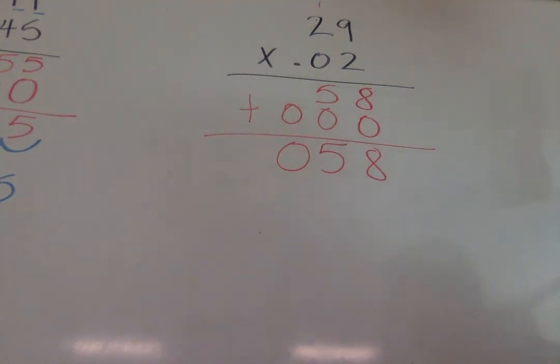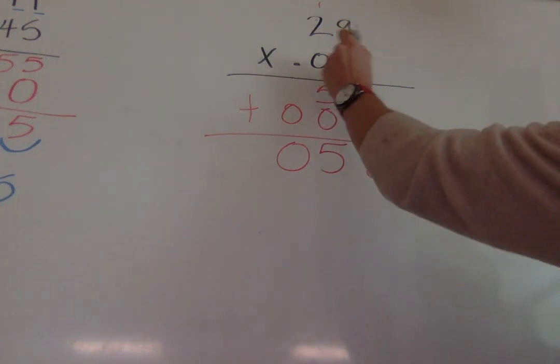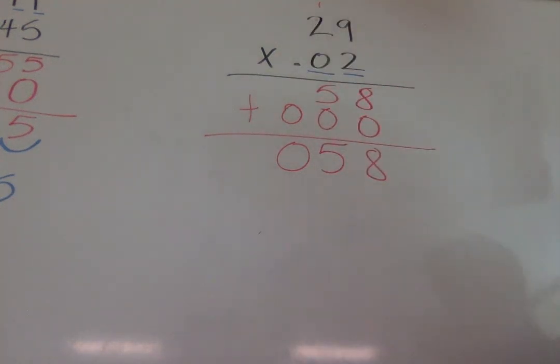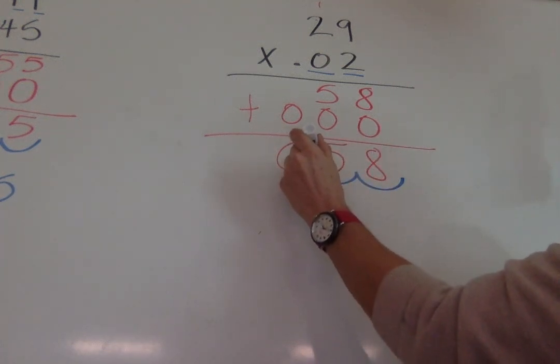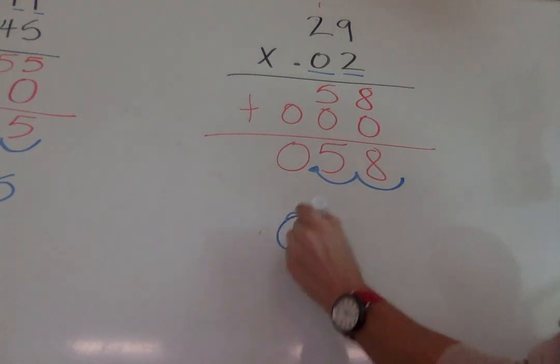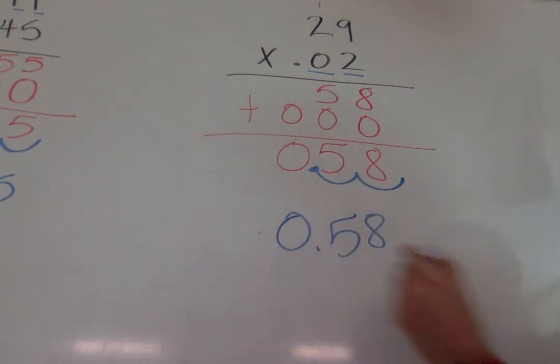Now in answers, when you're multiplying by decimals, these zeros are important. So we're going to have to see how many places to move the decimal. I'm going to start at the end. And our number is 58 hundredths is the answer.